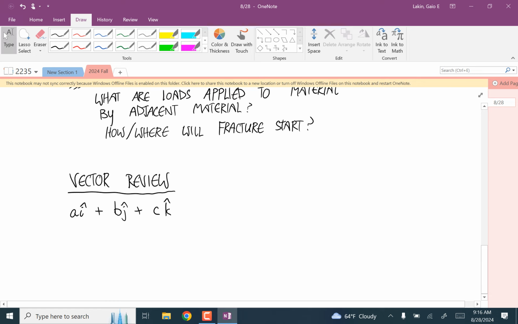In this class, it's not going to mean anything different, but we're going to represent this as a column vector A, B, C. So this is the x component or the i component. This is the y component and the z component.